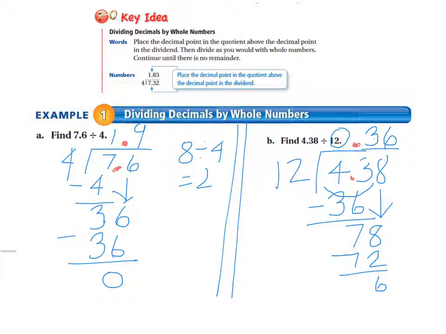There is no number to bring down. However, I still have a remainder, so I can add another 0 there. How many groups of 12 are there in 60? There are 5, which is 60. And now I have no remainder. 0.365 is the quotient.